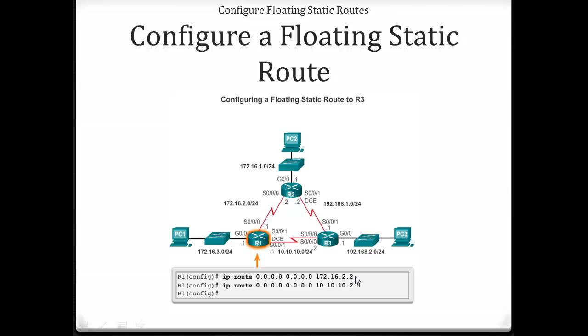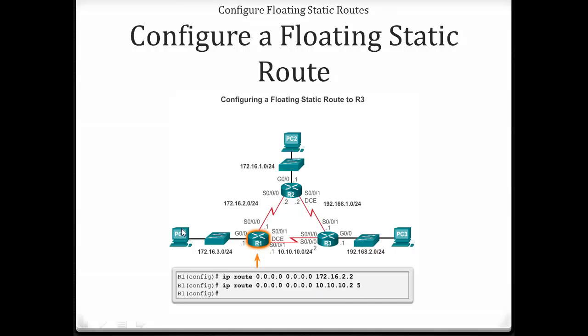This route up here has an administrative distance of 1, and this static route down here has an administrative distance of 5 that we set. So this administrative distance of 5 is worse than our current administrative distance. So this route down here does not get installed into the routing table.